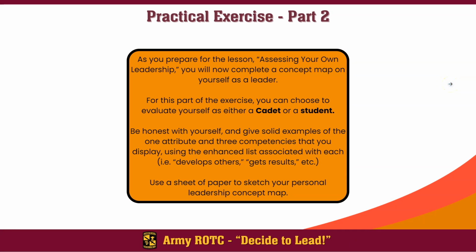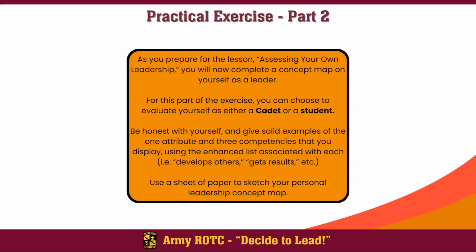All right, so like I said, we're not quite done yet. This is going to be part 2 of this exercise. So while you're preparing for the next lesson called Assessing Your Own Leadership, I want you to complete that same type of concept map on yourself. For this part, feel free to choose to evaluate yourself either as a cadet or a university student.